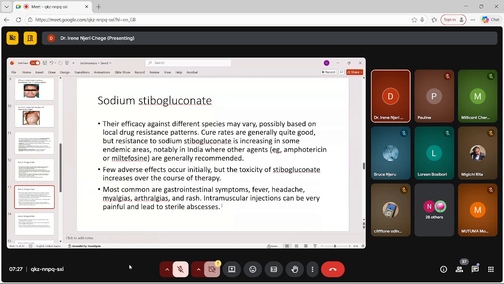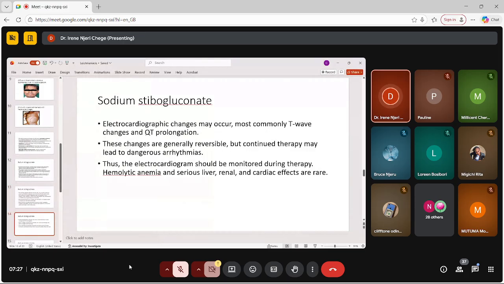That can also cause abscesses. We have ECG changes that can occur in the T wave and the QT interval, this QT prolongation. The changes are reversible, but can lead to arrhythmias. So during the administration of the drug, ECG should be monitored.